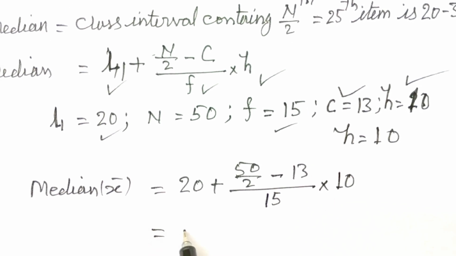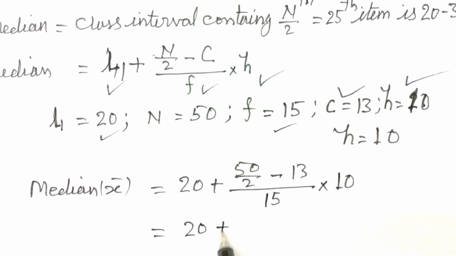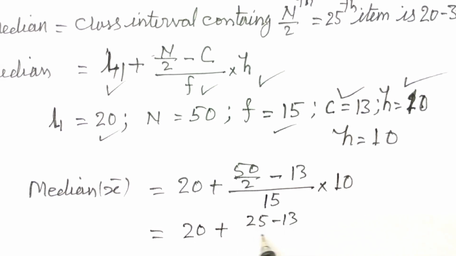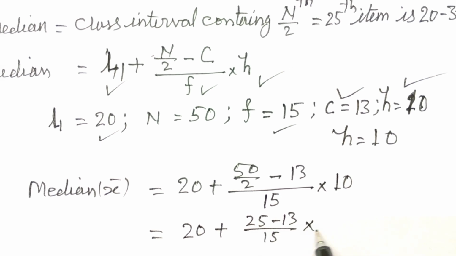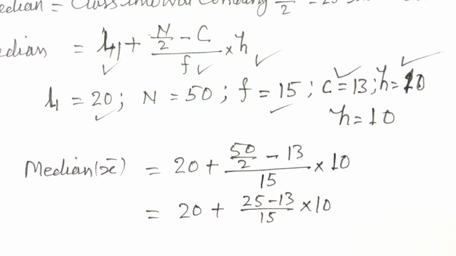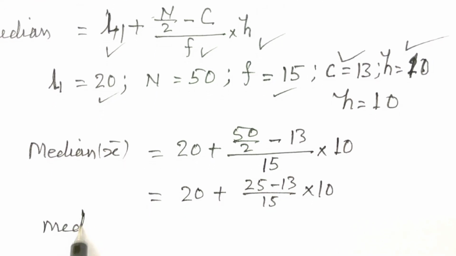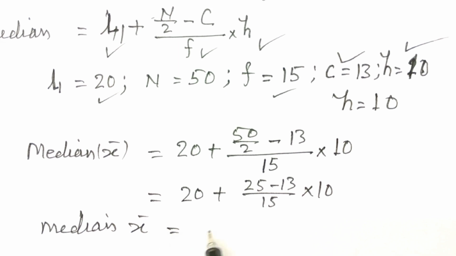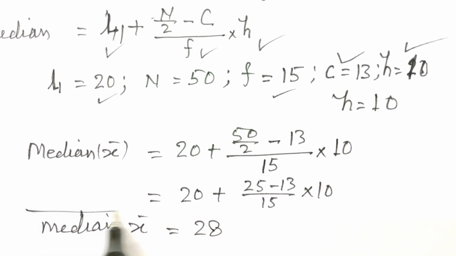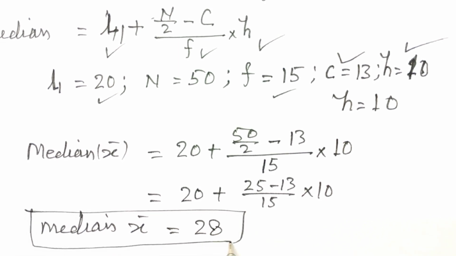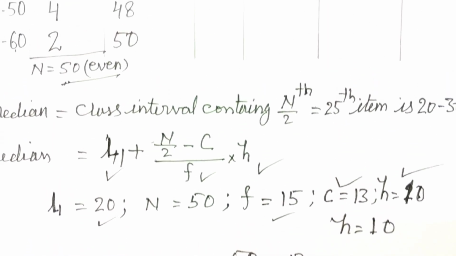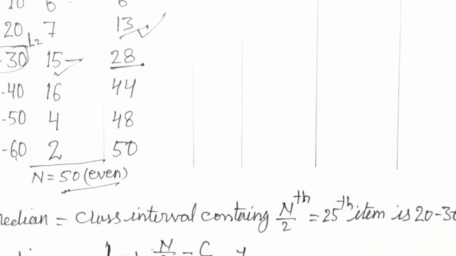So this will be 20 plus 25 minus 13 over 15 multiplied by 10, right? So the median denoted by x bar will be 28, right? Now we will go further to determine the mean deviation, right?